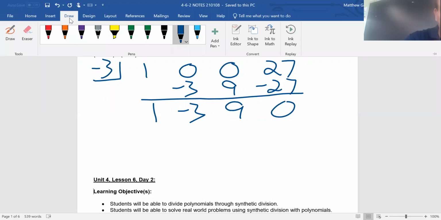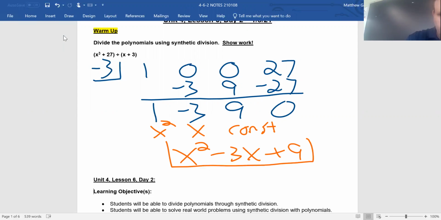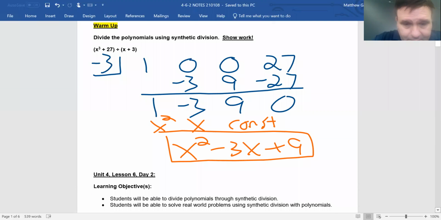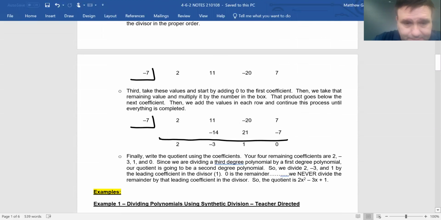So it's 1x squared, -3x, and that's your constant. That's our quotient. Today we're going to start to look at some problems, well, we actually did look at some yesterday, with remainders.